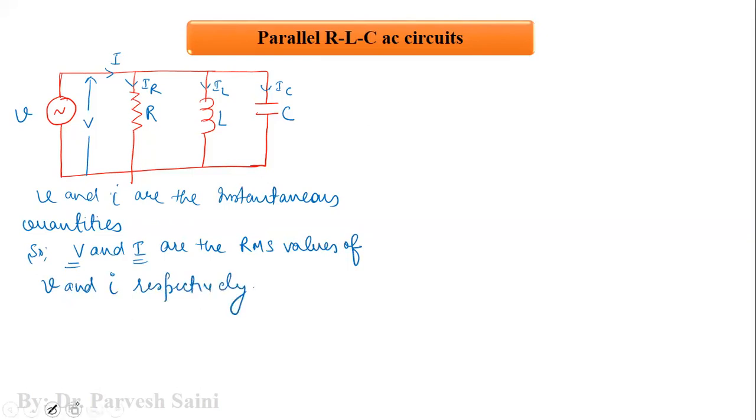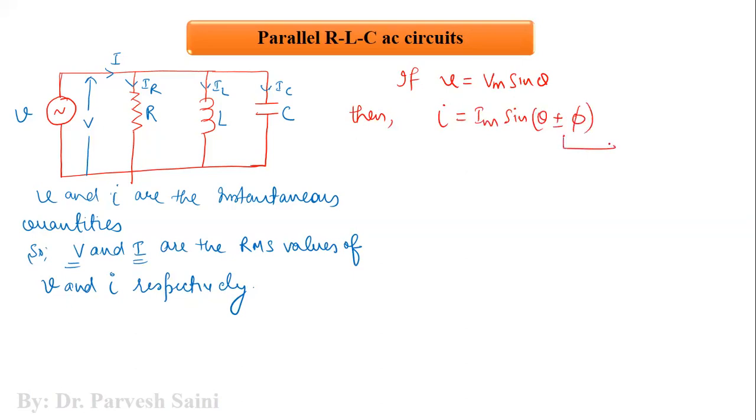So in this we have one thing which we need to understand, that if your V is equal to Vm sine theta, then I will be equal to Im sine theta plus minus phi.